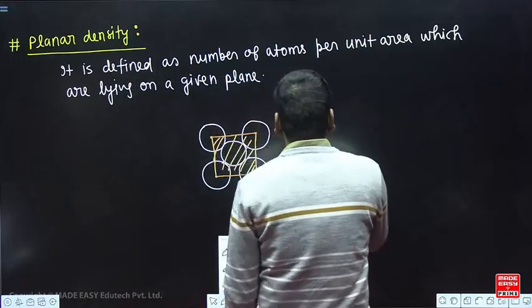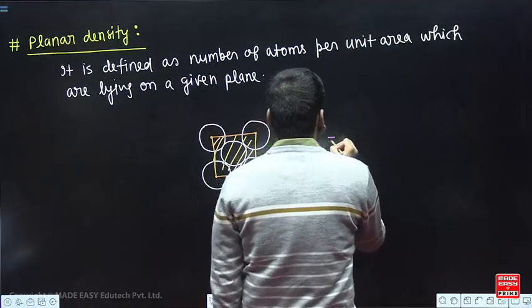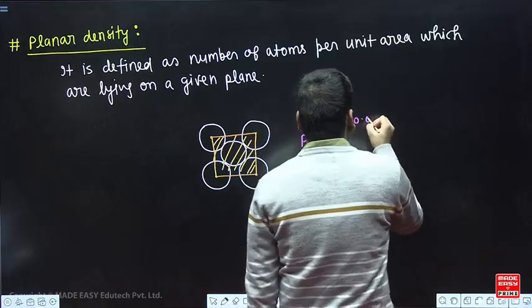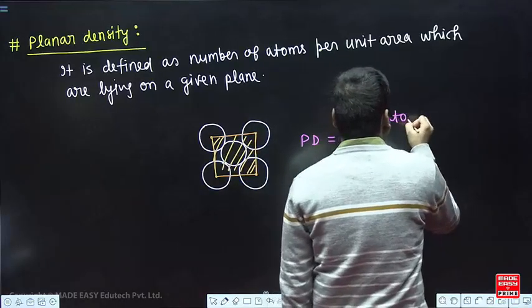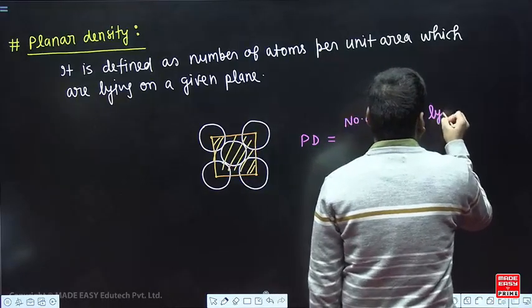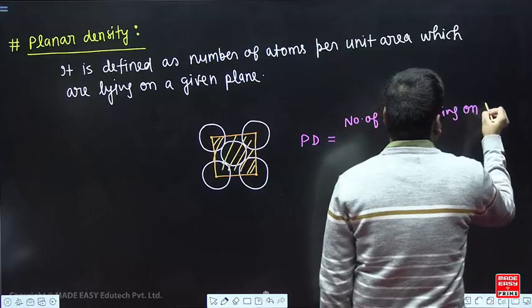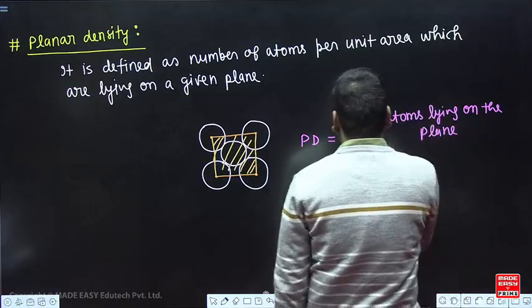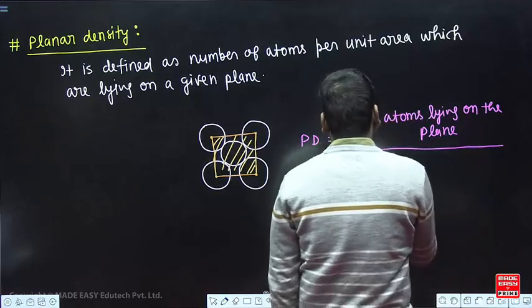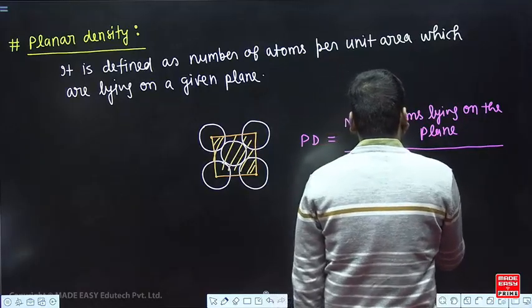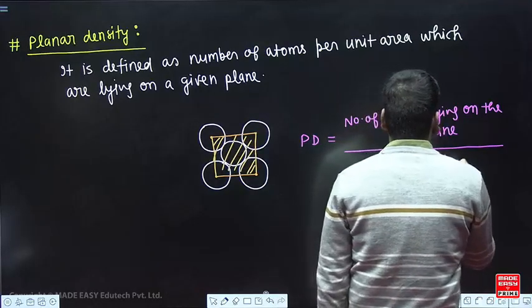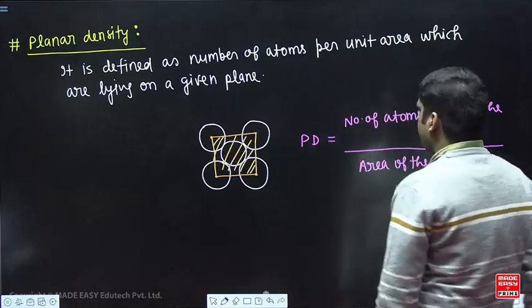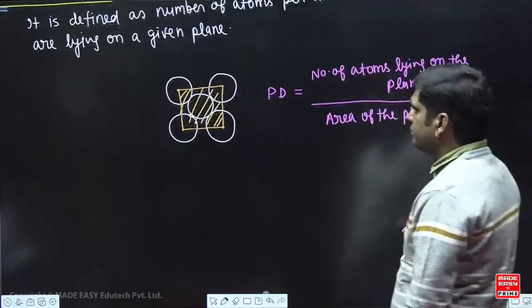So PD, that is planar density, is the number of atoms lying on the plane, divided by the area of the plane.